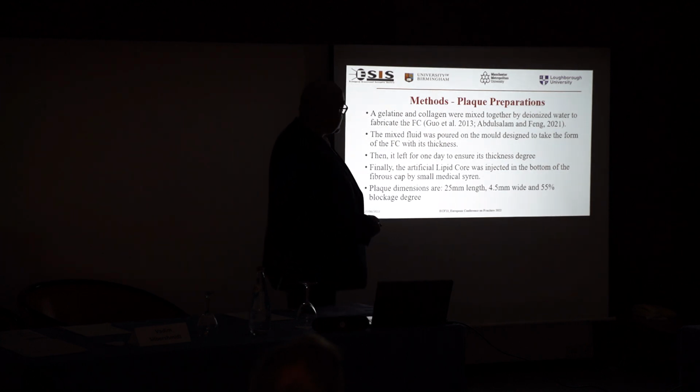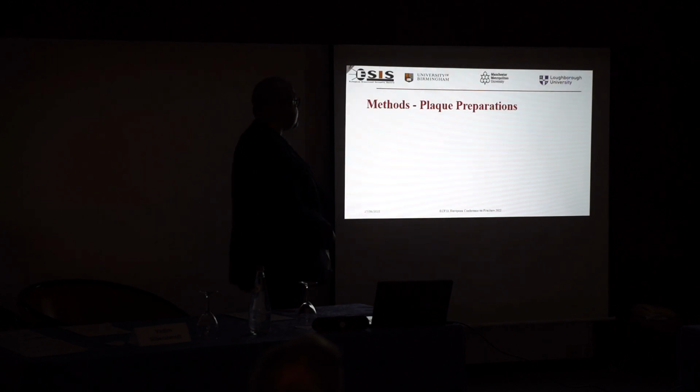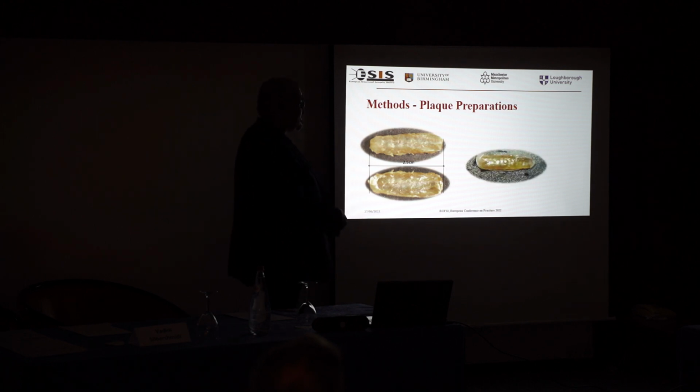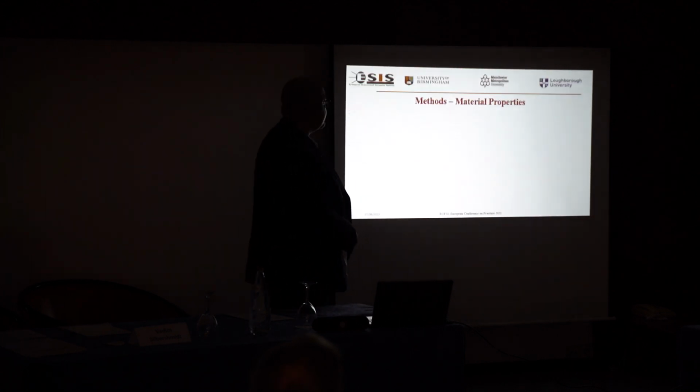The plaque dimensions are 25 millimeter length, 4.5 millimeter wide, and 55% stenosis. This is the fibrous cap from the bottom and the top, and this is the whole plaque that I have been using in the experiment.